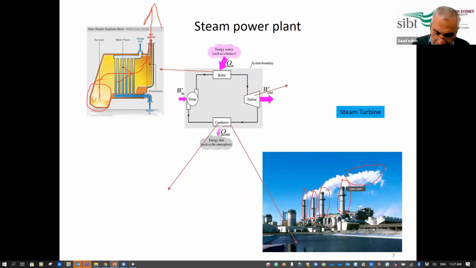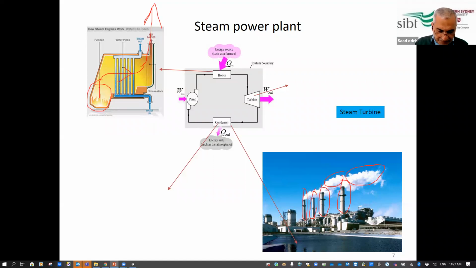All these are the gases released from the power plant, from the furnace. So we can say that part of the energy is released to the environment or to the heat sink, correct? So this is, again, the requirement for the thermal engine.